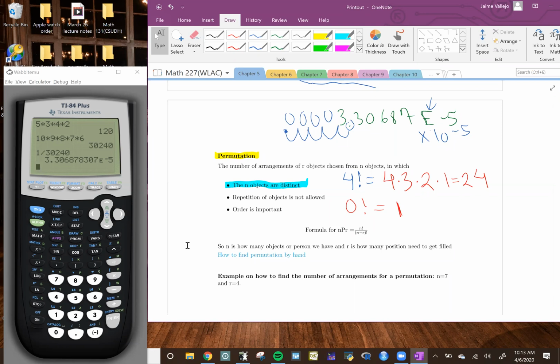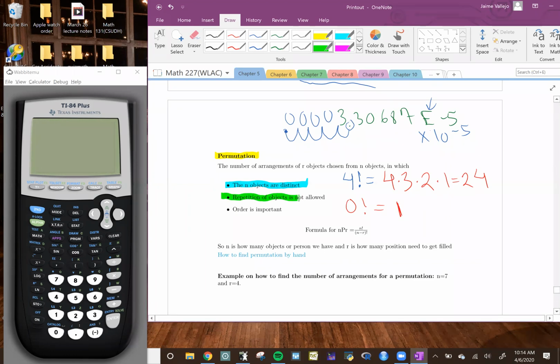So kind of look at the problem that we just did about the different digits. Each digit has to be a different number, and each number was different. So what n distinct objects represents is how many options we have, and each option has to be different from the other options. All right. Any question in regard to n distinct objects? All right.